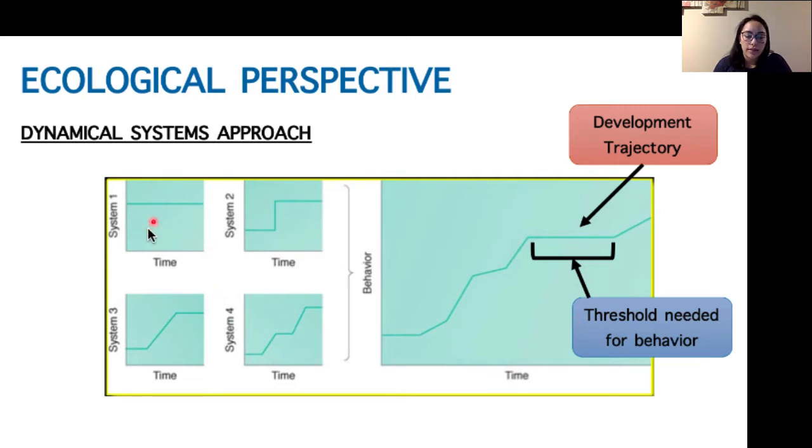Now, we have different body systems. For this example, we have 4. And this threshold is reached at some time point in each of these systems. So let's say system 1 could be the sensory abilities and perceptions of the nervous system.